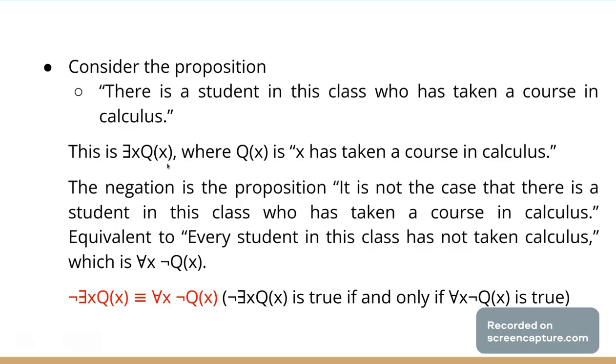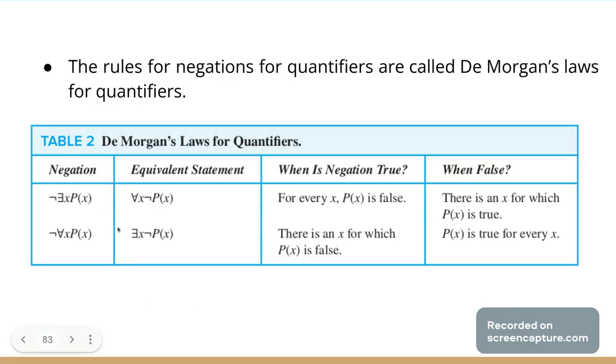The negation of this is again: "there exists" will become "for all" and Q(x) will become not Q(x). So the statement will be: every student in this class has not taken calculus. So we can see over here that negation is simply De Morgan's law. "There exists" will become "for all" and positive will become negative.